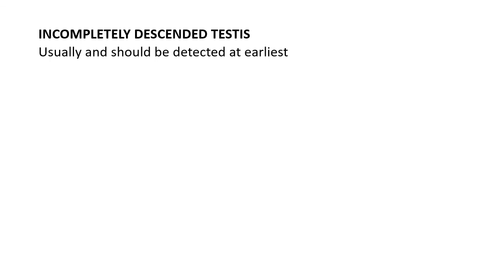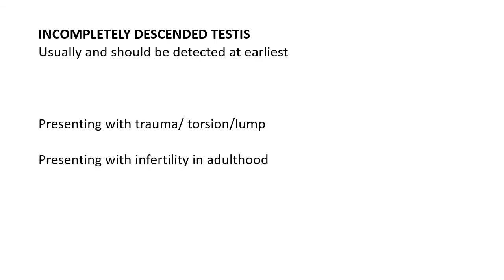It may present sometimes with a trauma, as a torsion, or as a lump. In addition, you may come across an adult patient presenting with infertility in adulthood. Some unfortunate cases may present with a malignancy associated with an incompletely descended testis.